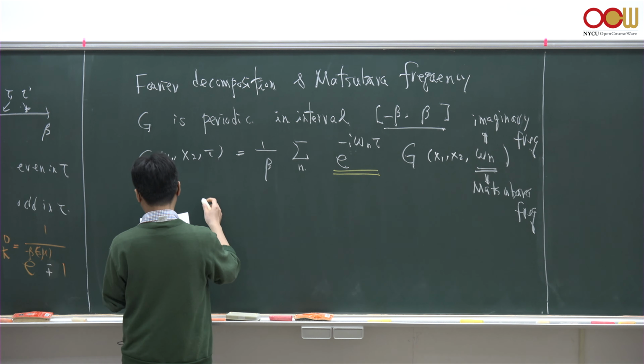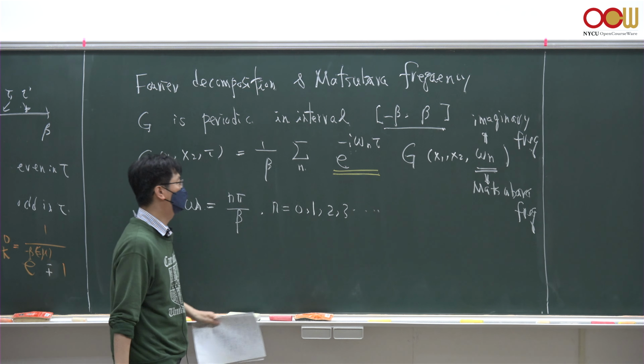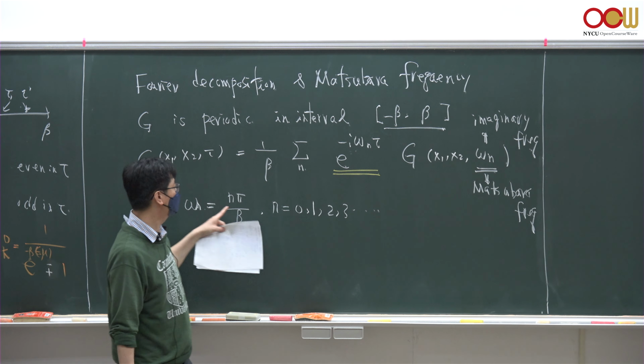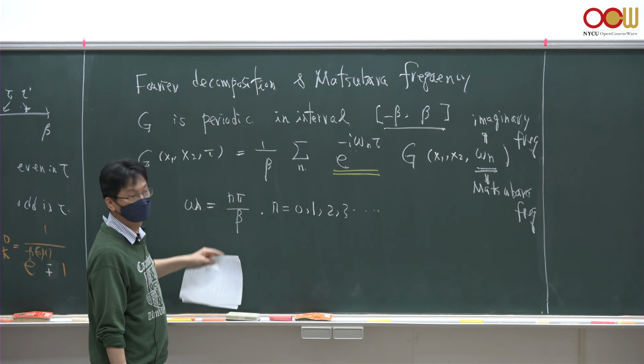Here, this omega_n is actually n pi over beta, where n goes through 0, 1, 2, 3, and so on. We will derive the values of omega_n explicitly in just a second. But you'll see that this omega_n takes integer multiples of pi over beta in this Fourier decomposition.